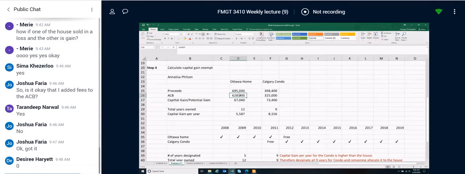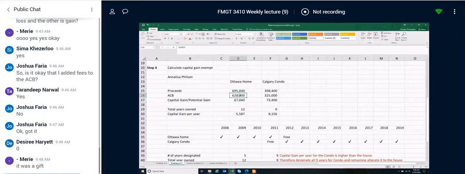Again, she paid zero. So why is this not zero?